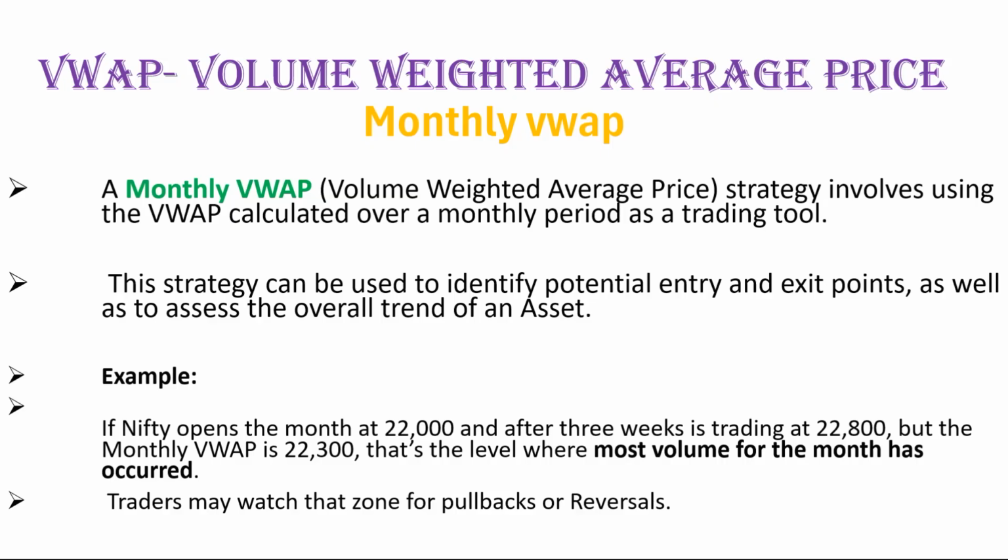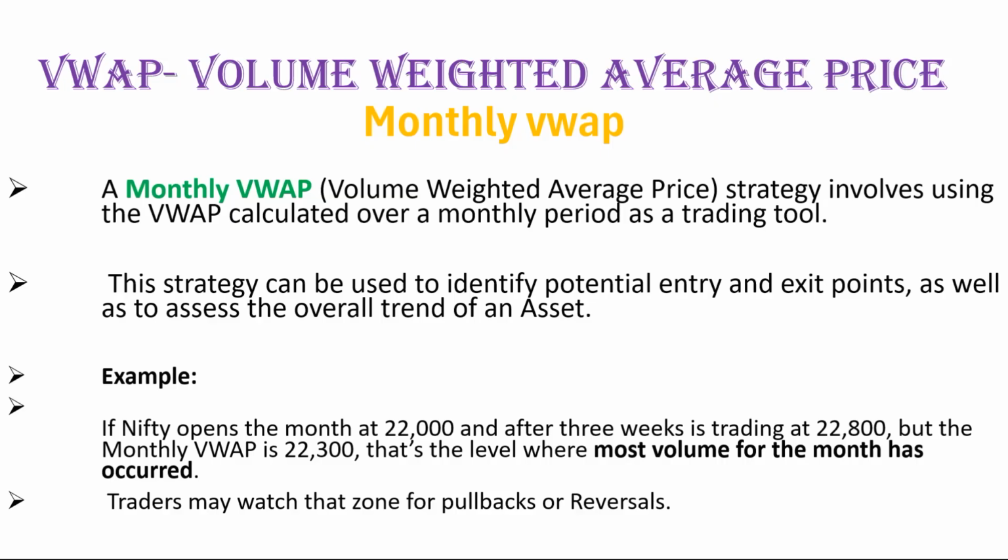This strategy can be used to identify potential entry and exit points as well as to assess the overall trend of the asset. Say for example, if the Nifty opens the month at 22,000 and after 3 weeks it is trading at 22,800, but the monthly VWAP is 22,300.